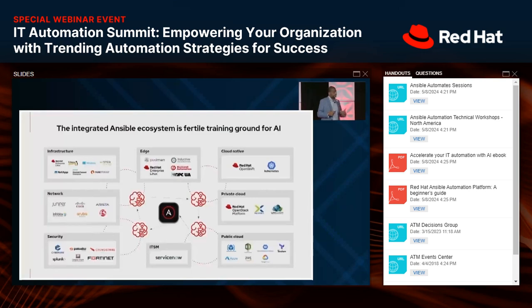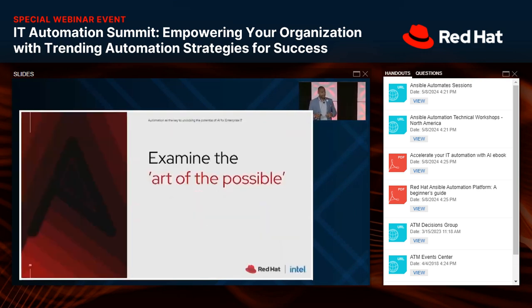Ansible works with all of these technologies in many different ways. So when we go back to setting a foundation for automation, you should consider Ansible a strong contender. There's not too many technologies that are able to work with all of these integration points like Ansible can.